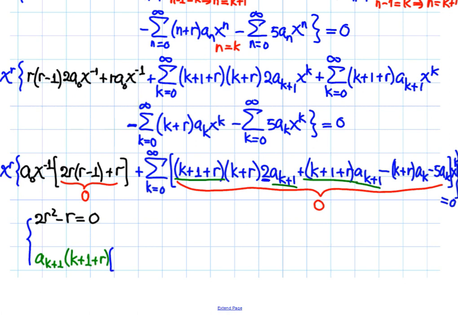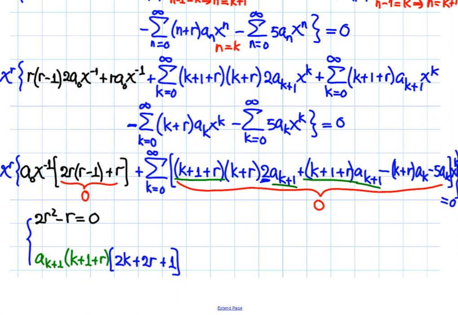So 2k plus 2r and then plus 1. The 1 will be just for this factor. So that's the first two terms.